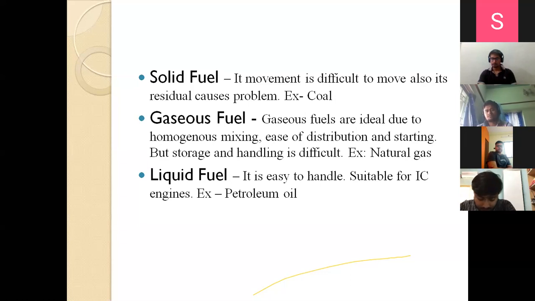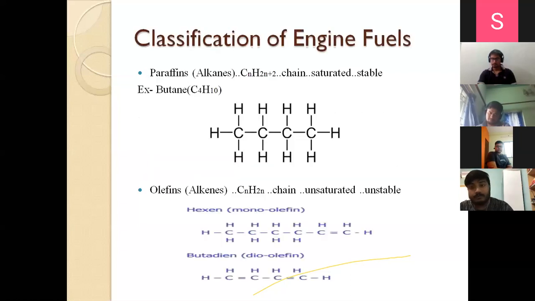Okay. So let us see the chemical composition and the suitable fuels that are used in IC engines. First come the groups. I will tell you the groups one by one. The first group is paraffins or the alkanes.